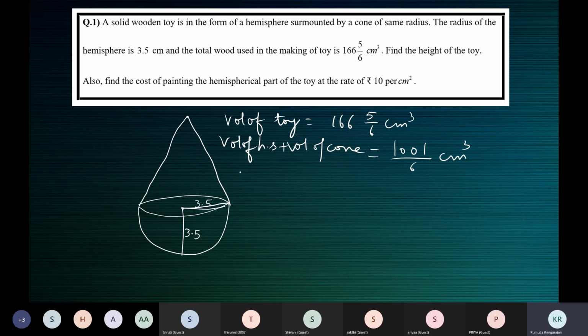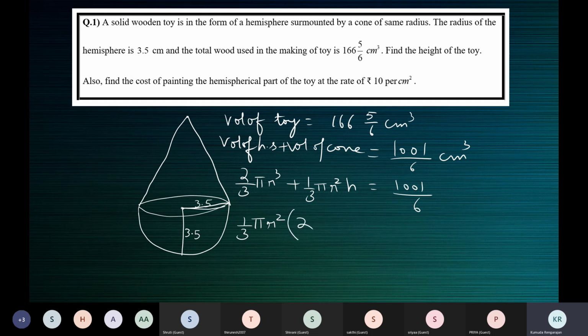Volume of hemisphere is 2 by 3 pi r cube plus cone is 1 by 3 pi r square h is equal to 1001 by 6. You can use the same r because radius is the same. Now what's common? 1 by 3 is common, pi is common, r square is common, because r is the same for both the solids. 1 by 3 pi r square is common. Open bracket 2.